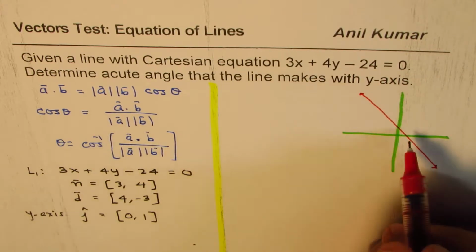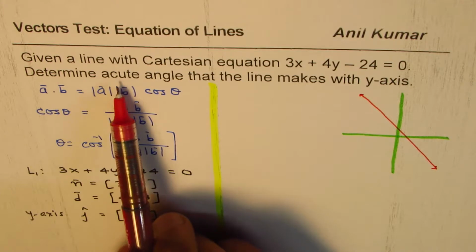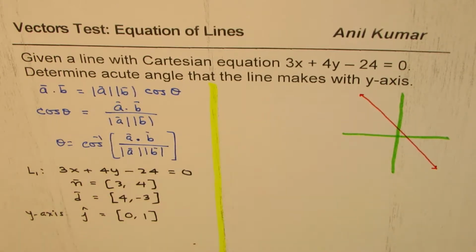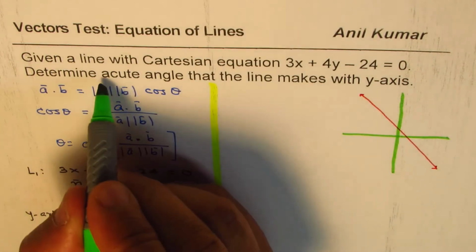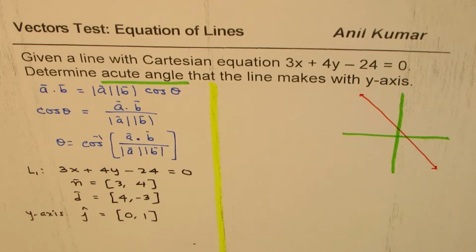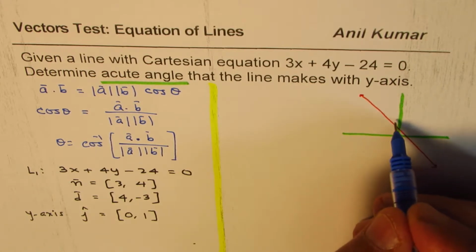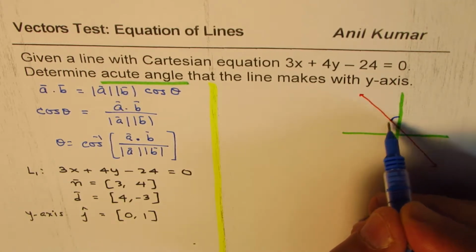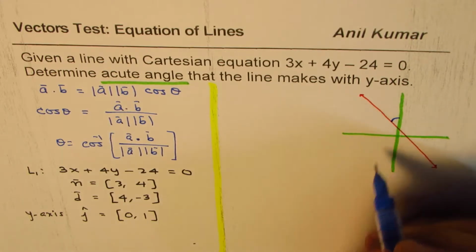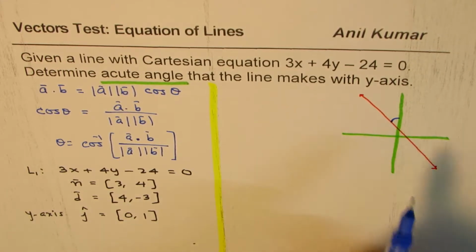Now the question says that we have to determine the acute angle that the line makes with the y-axis. With the y-axis, as you can see, the acute angle is this much. So that becomes the acute angle, right? So remember that part.